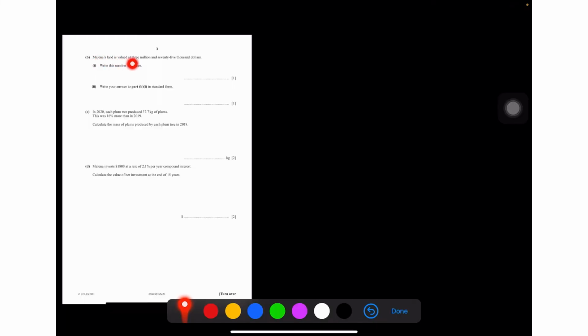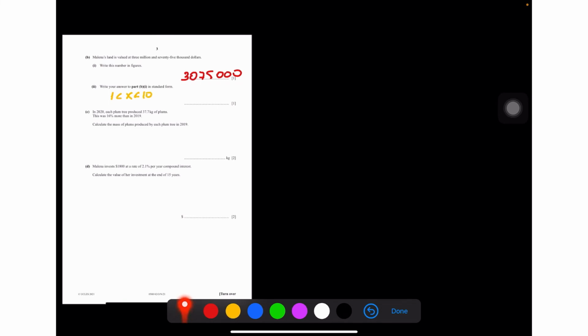Melanie's land is valued at $3,075,000. Write this number in figures. We can write it like 3,075,000. And secondly, write your answer to part B one, this one, in standard form. In order to write standard form, our first number should be between 1 and 10.